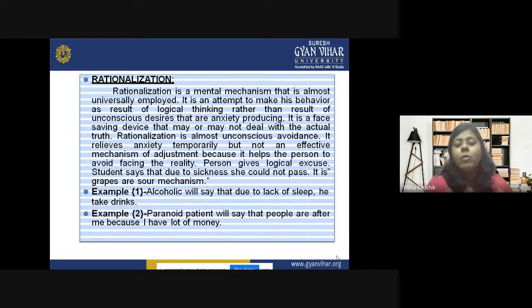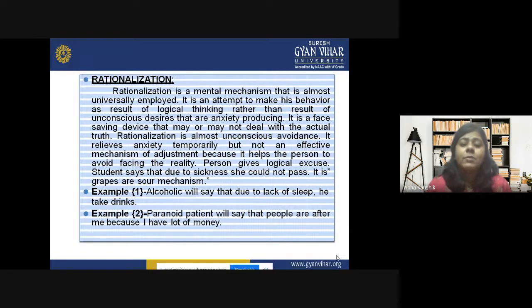We cannot call rationalization an effective mechanism of adjustment that an individual can use to adjust properly to his environment, because it helps people avoid facing reality.